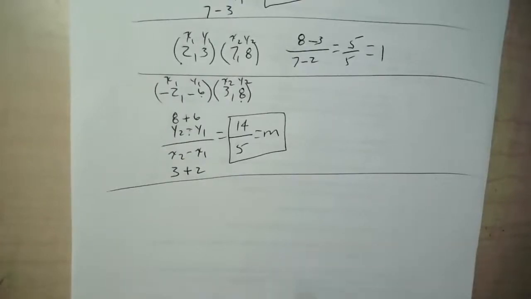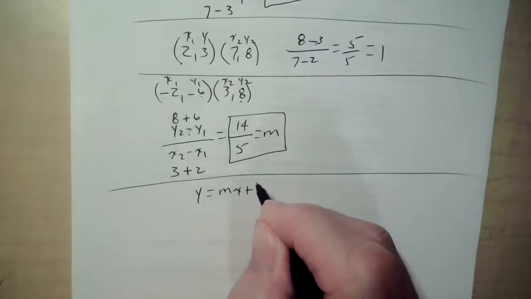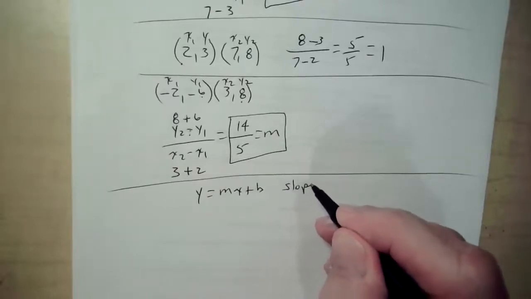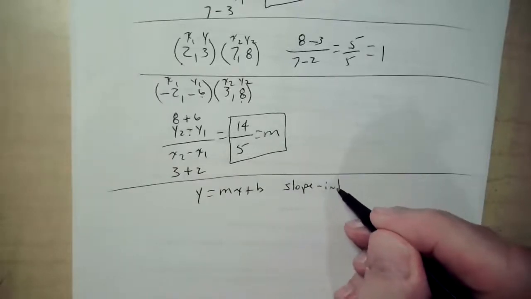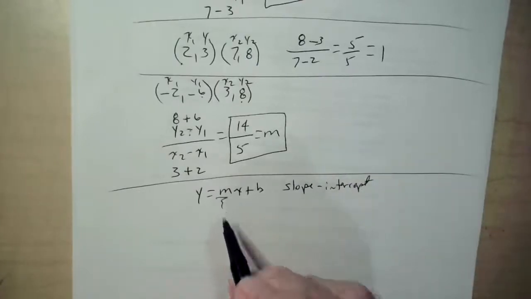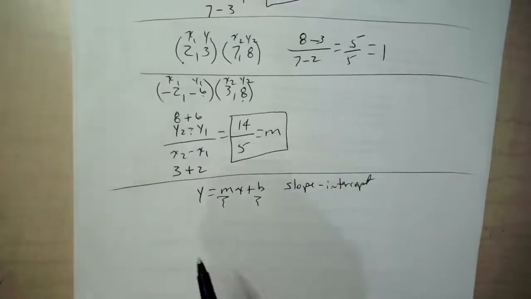And remember, y equals mx plus b. This is called slope-intercept. Why is it called slope-intercept? Because that's the slope, and that's the y-intercept.